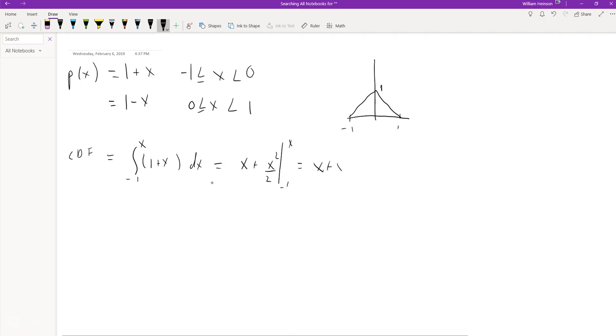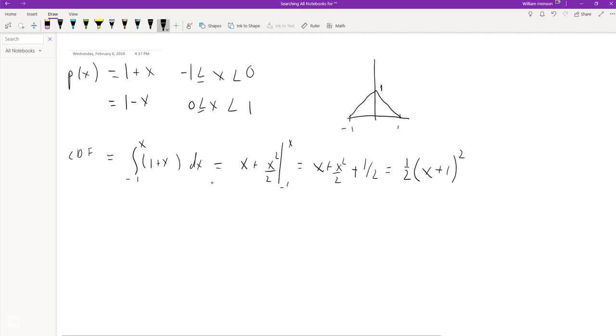That's going to equal x plus x squared over 2, minus this, which would be -1 plus half, so that's minus a half. But you're minusing that, so that's plus a half, which equals 1/2 times (x plus 1) squared.